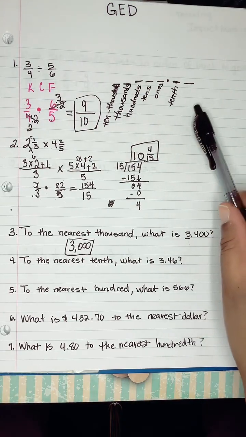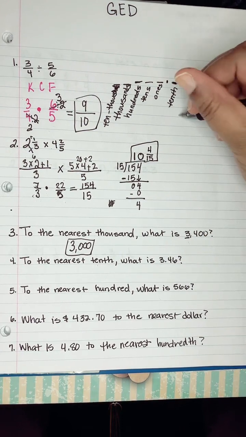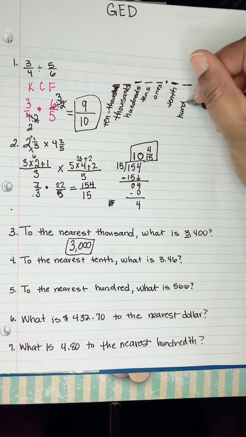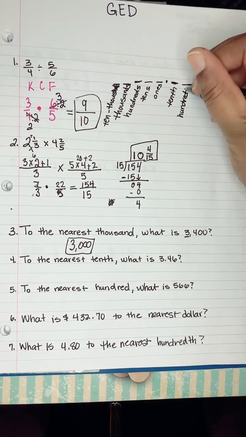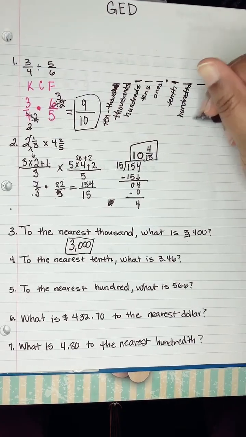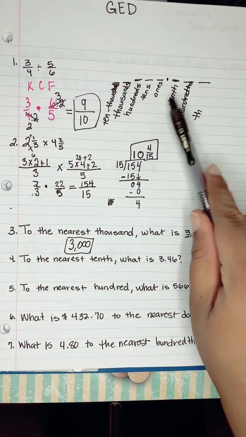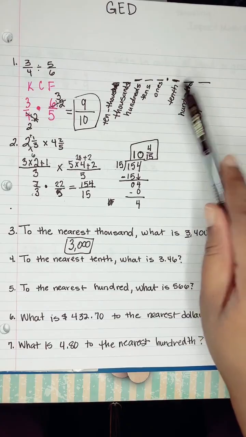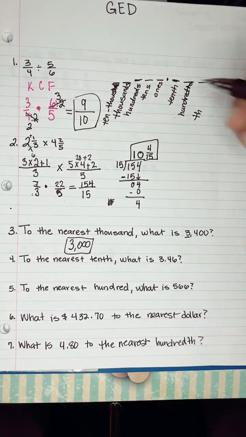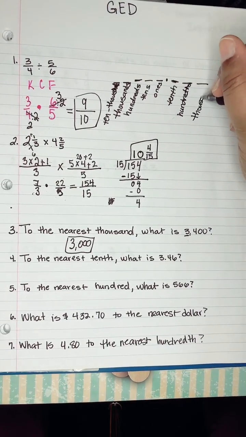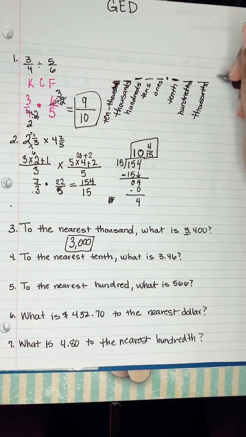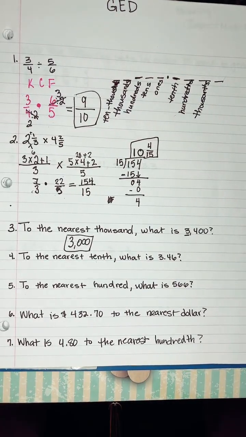It's really going to be tenths, hundredths, and then thousandths. Do you realize there's no ones? It starts right away with tenths, then hundredths, then thousandths, then ten-thousandths, and so on, okay?